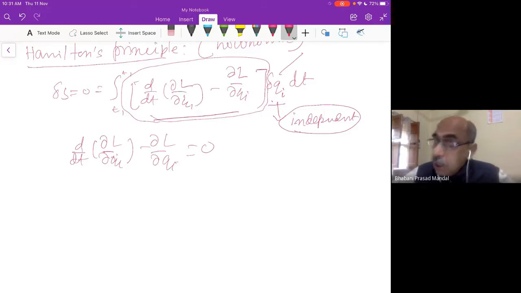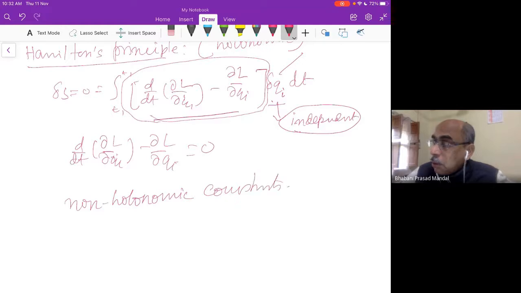So suppose I have a constraint like this, generally expressed as: if you have one constraint, first I'll write 1, a_k dq_k plus a_t dt equal to 0, because it is velocity dependent, so time dependent.